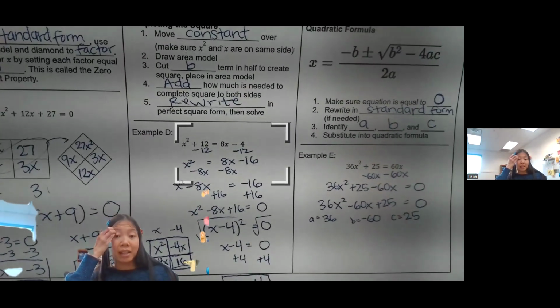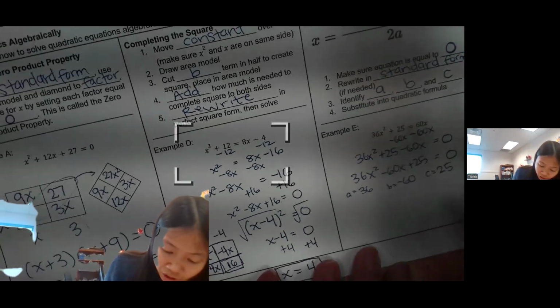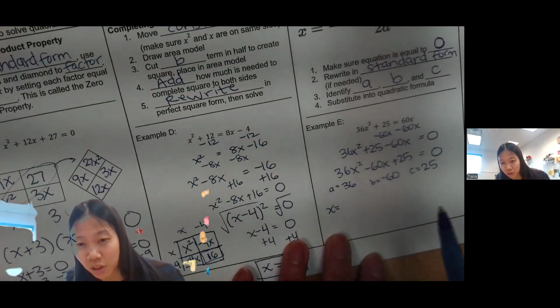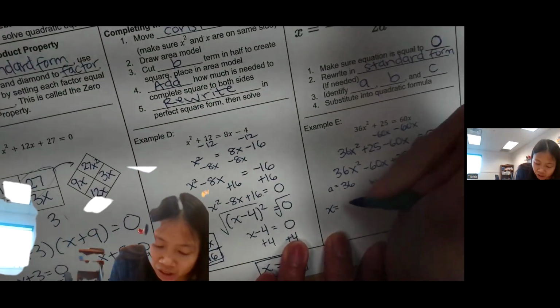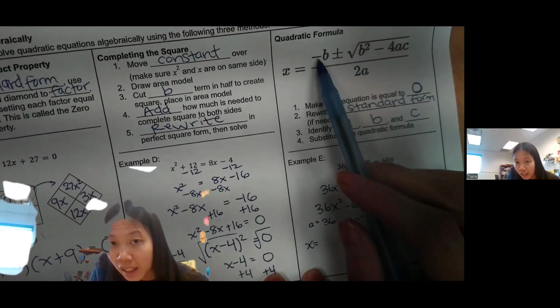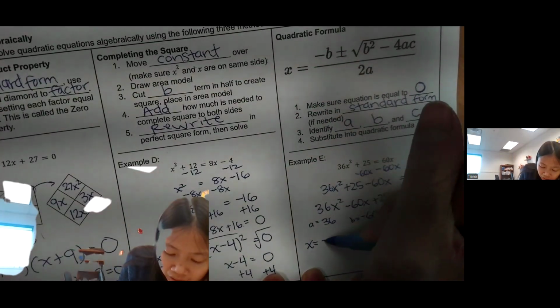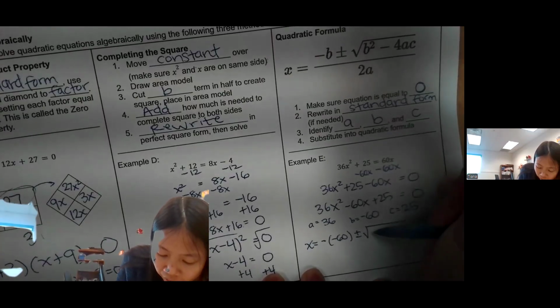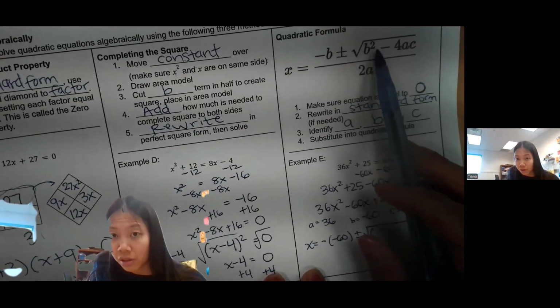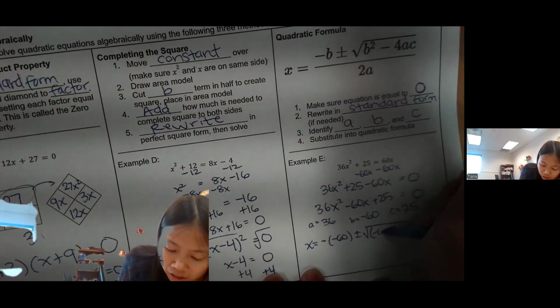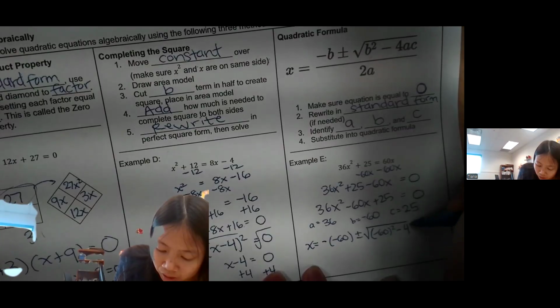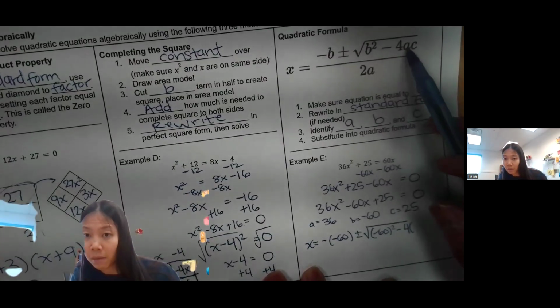So now that I have these, I can just stick them into the quadratic formula. Here we go. x equals, remember to use your parentheses, especially with these negatives. So x equals negative b, so I'm going to make sure it's negative, parentheses, negative 60, plus or minus the square root of, parentheses, b squared, which is negative 60 squared, minus 4, parentheses, and I stick in my a value.